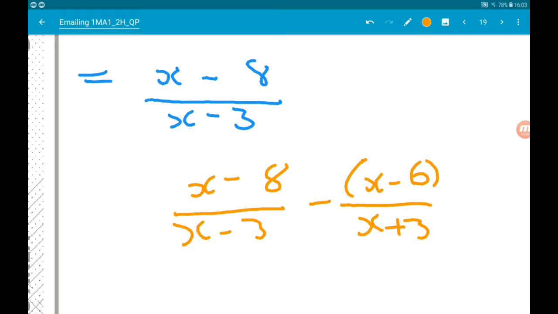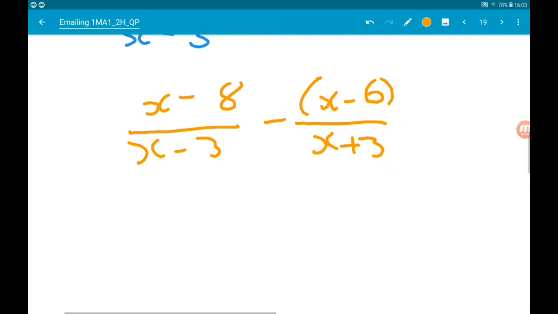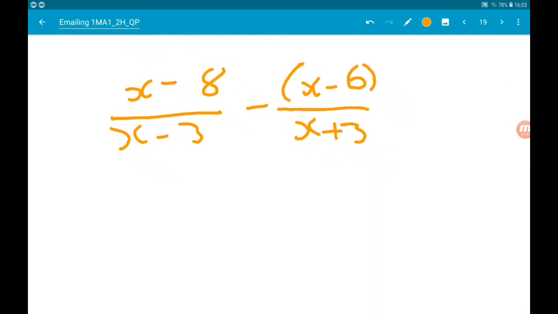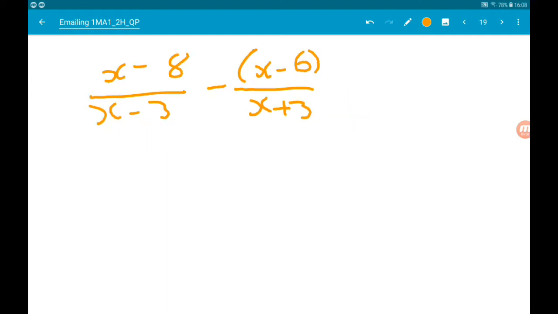Okay, so the common denominator that we're going to go for is x minus 3 times x plus 3. Is anyone having fun yet? Okay, so on the first fraction we're going to multiply the top and bottom by x add 3.